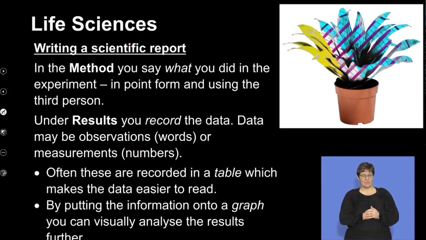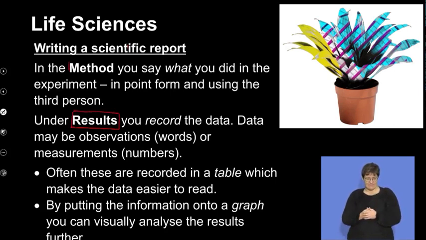Then, the rest of the scientific method you should be quite familiar with, because when you've done experiments, you've looked at the method and the results, where you write down, does it change color, or you might measure something. If you measure and you get figures, you would use a table. Okay, so you can have results.